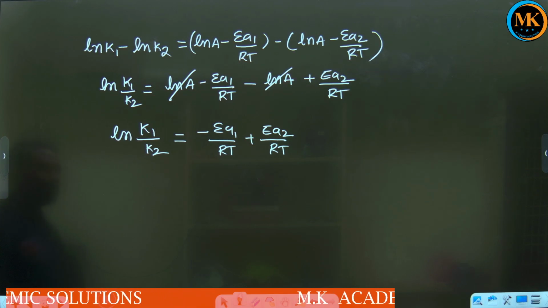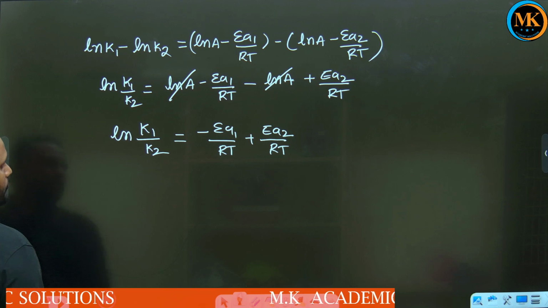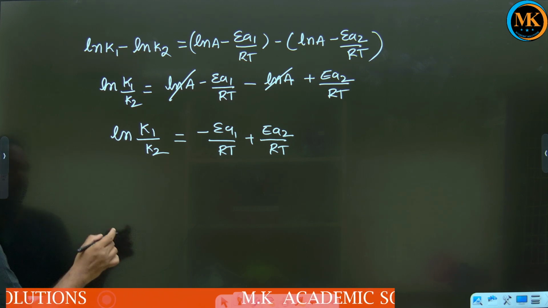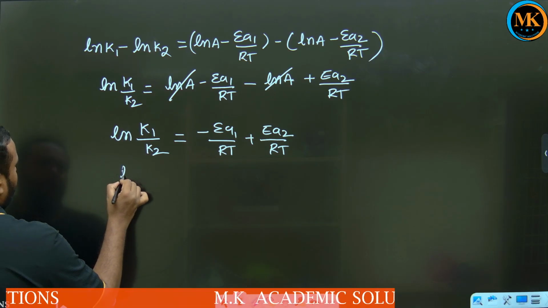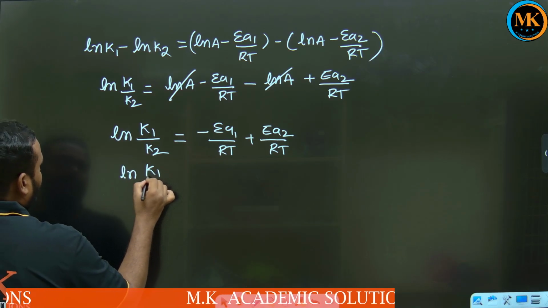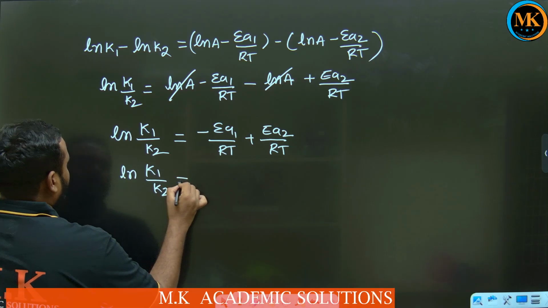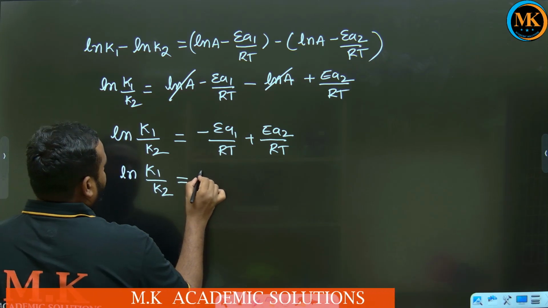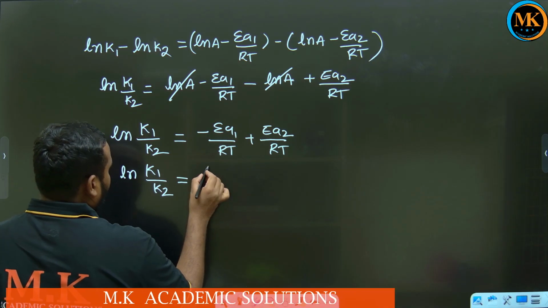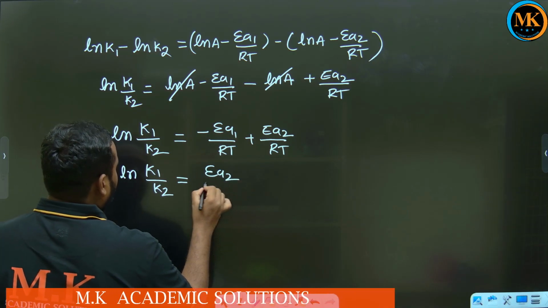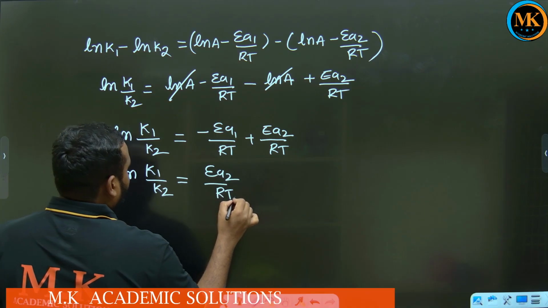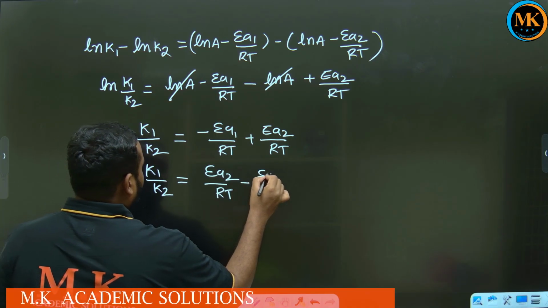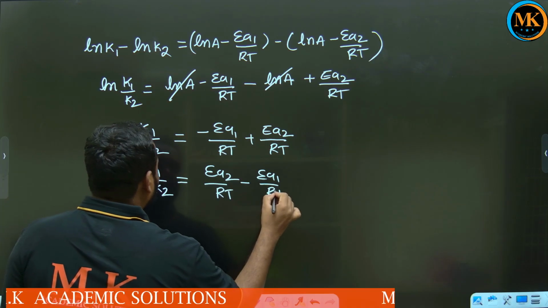Now RT we can make common here. Or else you write it like this: EA2 by RT minus EA1 by RT.